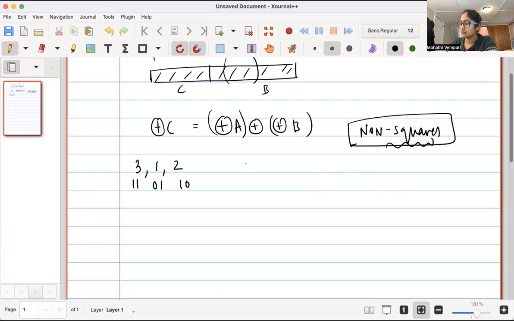Okay. 3 counts. 3 and 1 counts because that gives me 2. 3 and 1 and 2 doesn't count, that gives me 0. Then 1 doesn't count. 1 and 2 counts because that gives me 3. And just 2 counts. Okay, non-squares.